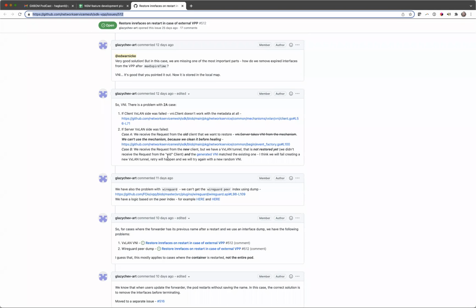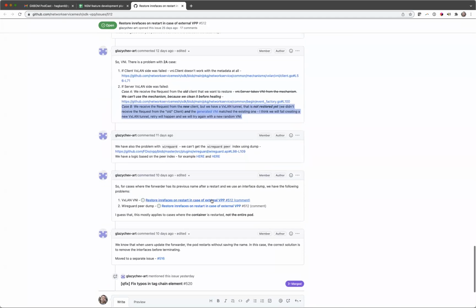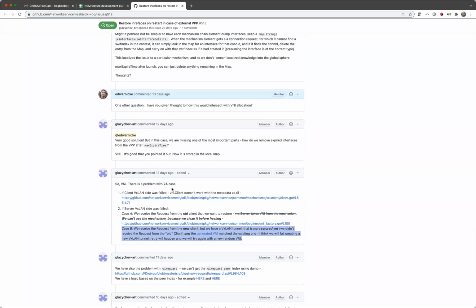Yes, we have this problem because we need to think about how we will restore all of the generated VNIs for a VNI chain element. It is not obvious. Okay. I've got that. The second problem is related to WireGuard, because WireGuard doesn't have peer index in dump details.